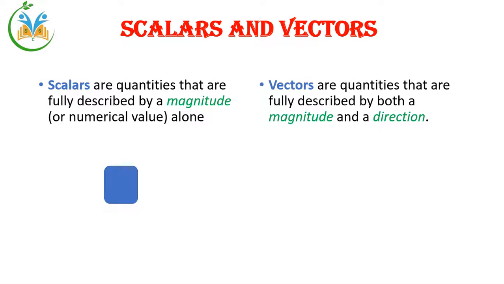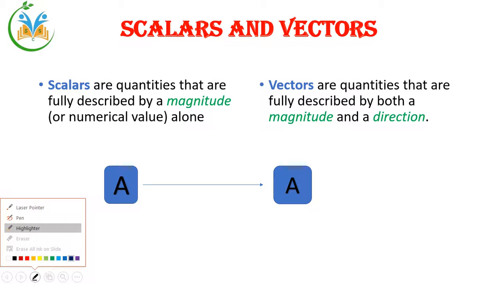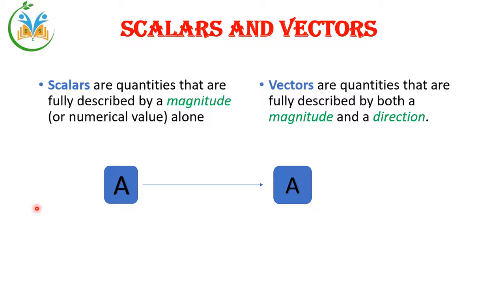See, suppose there is a block. This block, you can say, is block A. Okay, and we move this block A, or we displace this box A from its position to this position. So while moving this box from its initial position to the final position, we travel some distance.